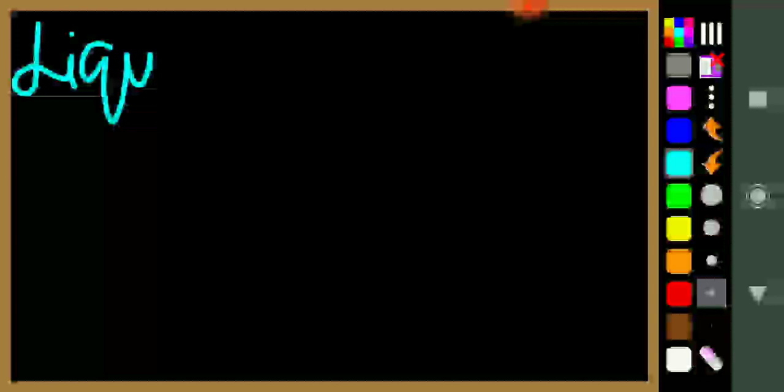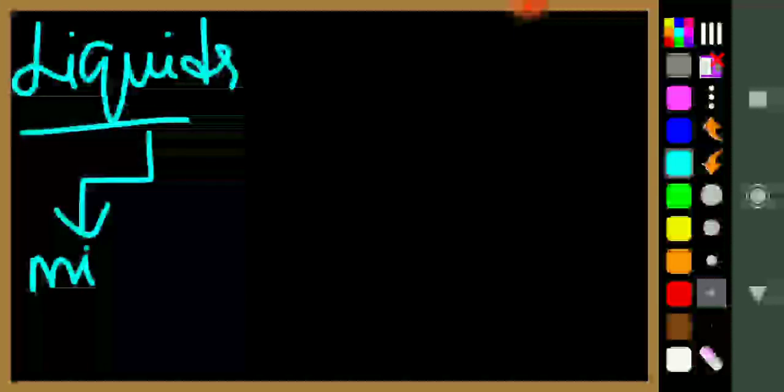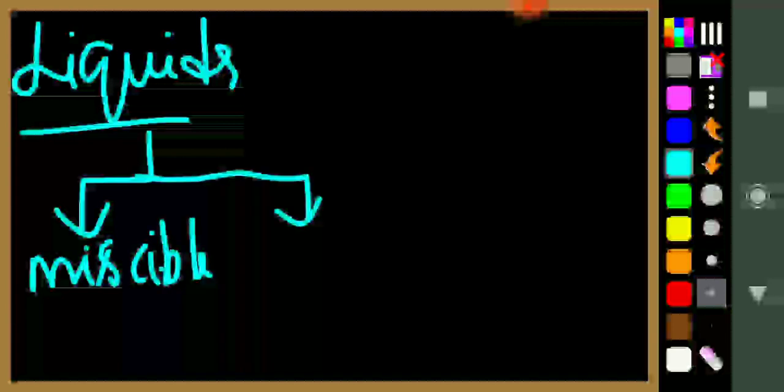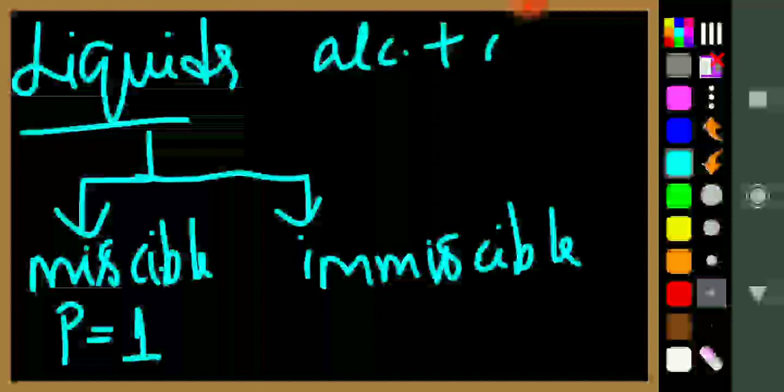Now for example, liquid. In liquids there are two kinds of liquids: miscible liquid, immiscible liquid. Miscible liquid equals phase 1. For example, alcohol plus water.